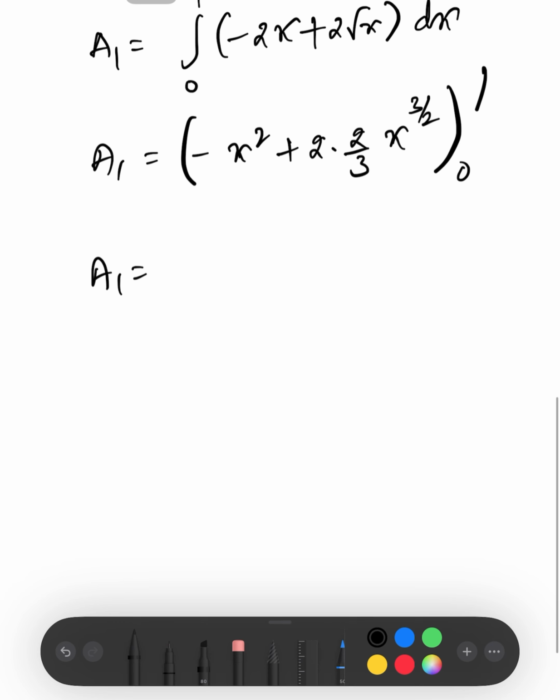Applying the upper boundary, a1 equals minus 1 plus 4 by 3, which is nothing but 1 by 3. No need to substitute the lower boundary 0, it will become 0 only.